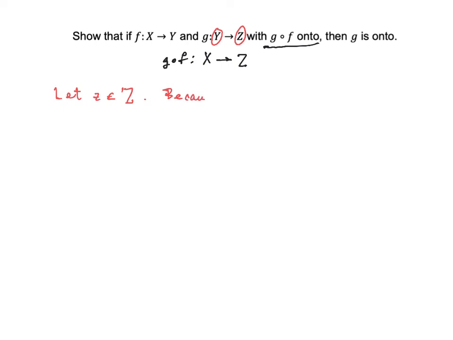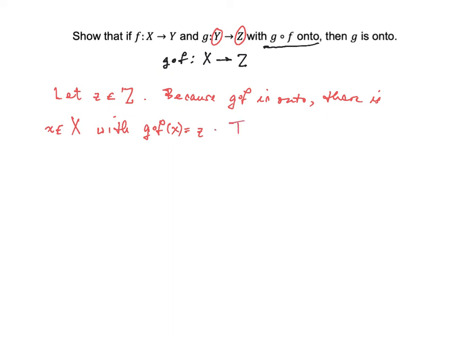So because g circle f is onto, there is an x back in the domain of g circle f, which is capital X, with g circle f of little x equaling little z.